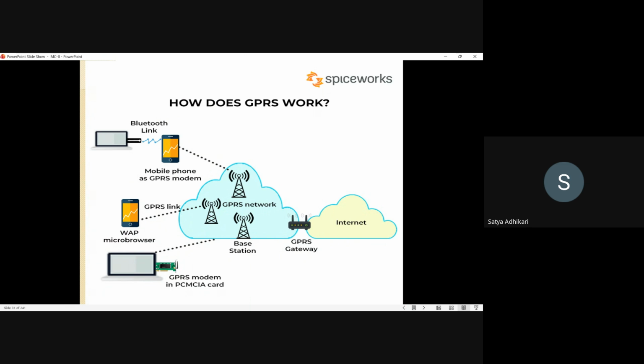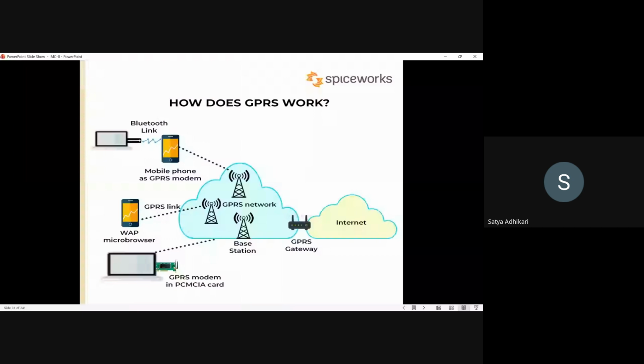How does GPRS work? You see here, there is a GPRS network, and you see the GPRS gateway which is connected to the internet.